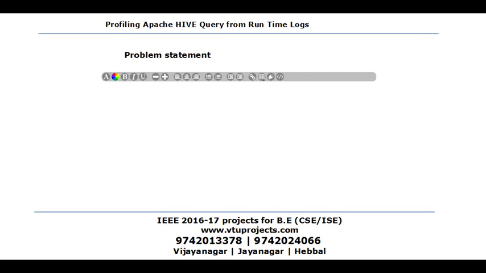Whenever an IVE query executes, it updates the IVE log file with the details about that particular query. There will be more than 50,000, sometimes lakhs of IVE queries executed in a typical data mining industry. Examples: hospitals, banks, social media, stock markets, etc.